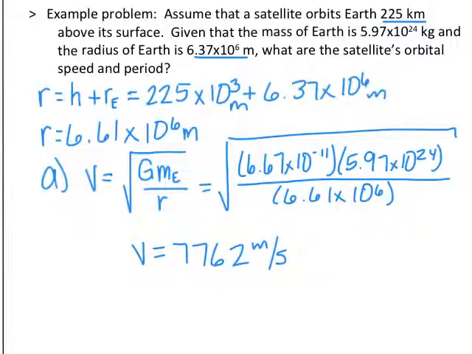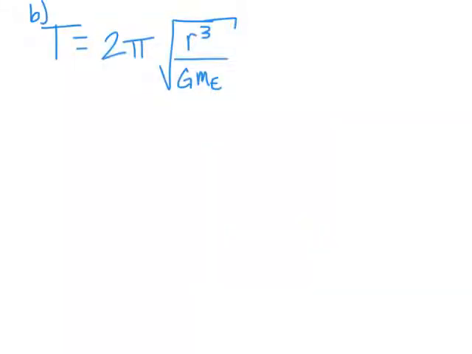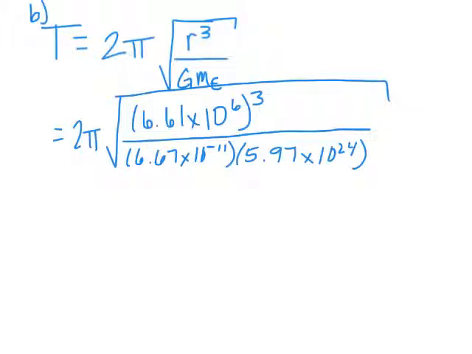Next, we're asked to find the satellite's period, so I'm going to switch screens and we'll work that one out together. Remember, your formula for the period of a satellite is 2 pi times the square root of r cubed divided by the product of the universal gravitation constant and the mass of the Earth. So let's plug in those numbers. So it should look like this.